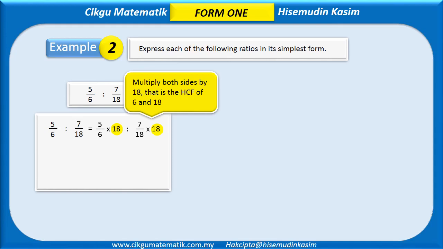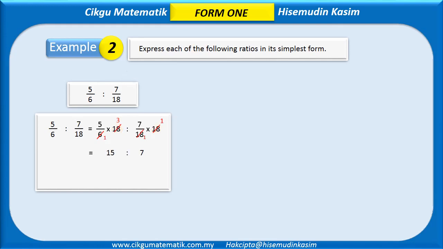Multiply both sides by 18, that is the HCF of 6 and 18. Simplify the numbers. The ratio is 15 to 7.